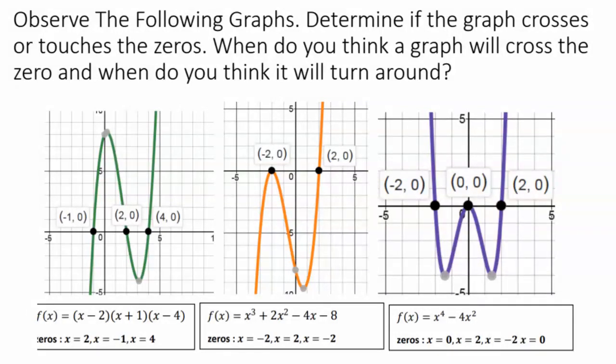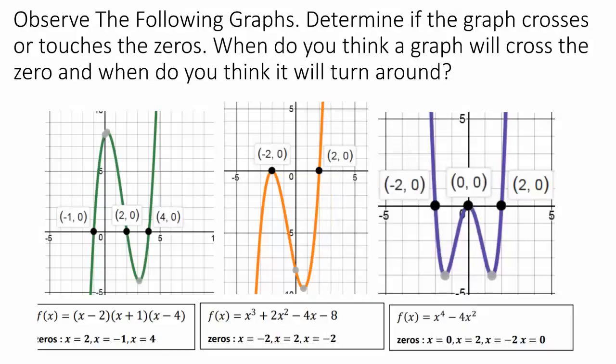If we look at this equation in general form, x cubed plus 2x squared minus 4x minus 8, and find the zeros, we see that we have a duplicate, two of them that are the same: x equals -2, x equals -2, and x equals 2. So when you factor or solve for the zeros, if you have duplicates, it's only going to touch the axis and turn around.